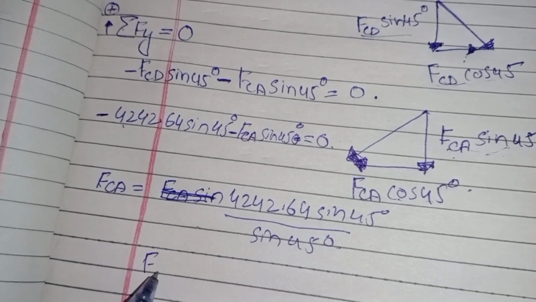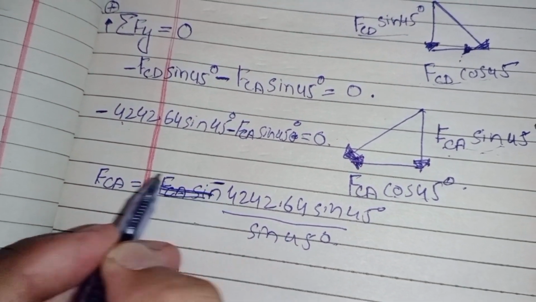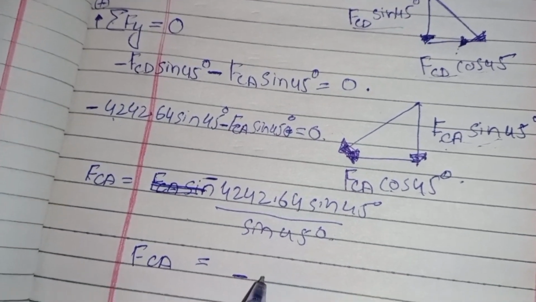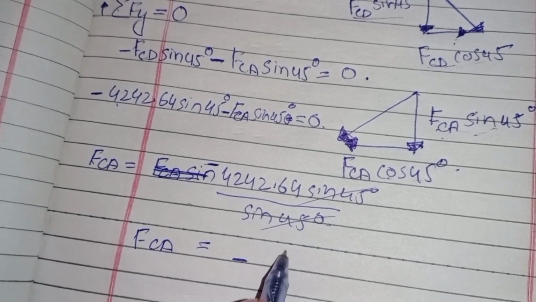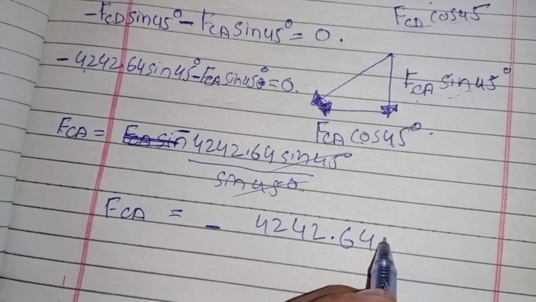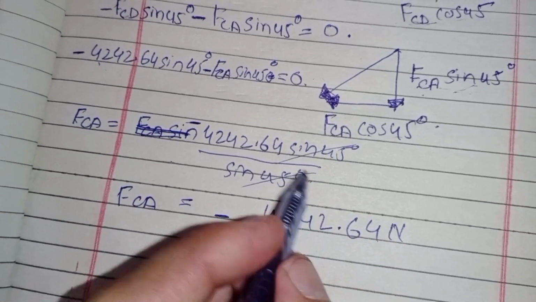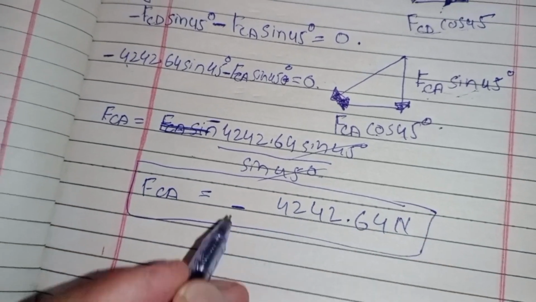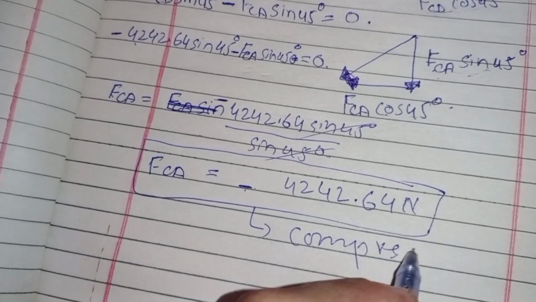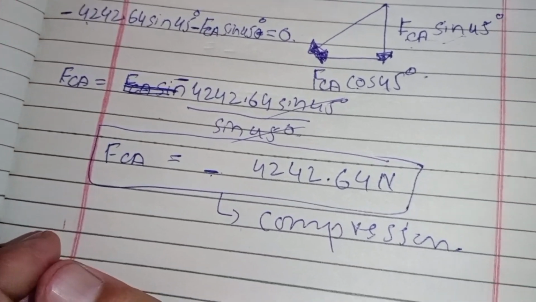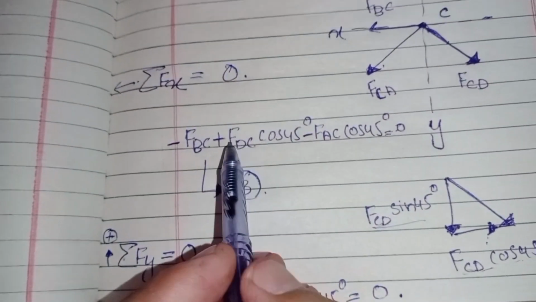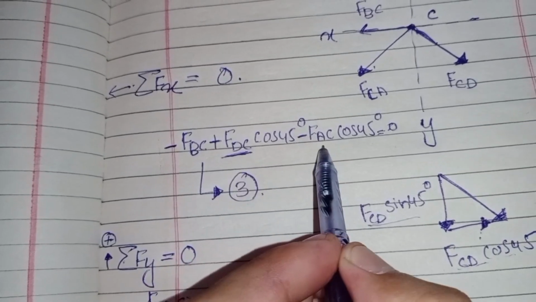Okay, FCA will be negative because of this negative, it will cancel each other. 4242.64 Newton, and the negative sign shows that our assumption was wrong. It is not in tension, it is in compression. Okay, so FCA is given, FDC is also given, DC also given, and CA given.